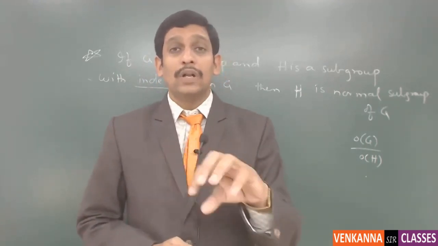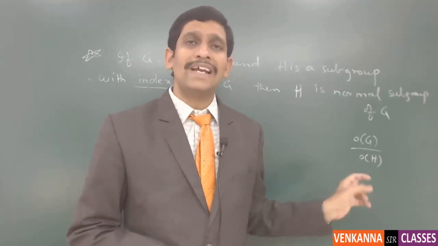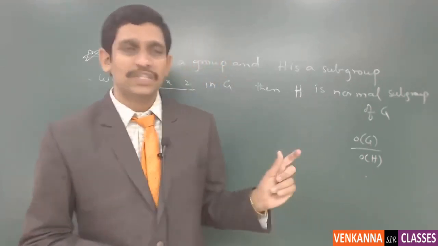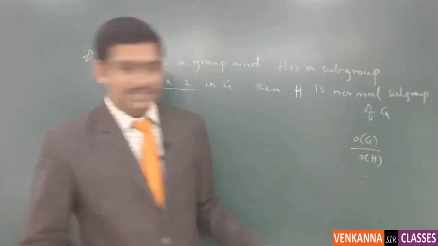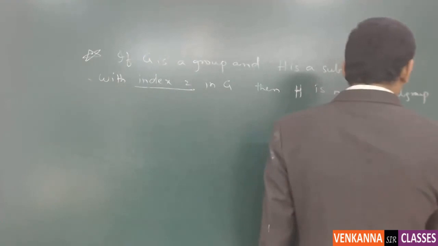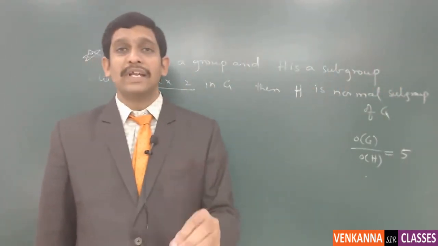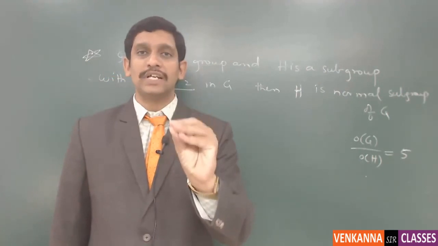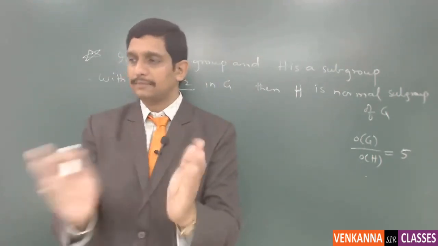The total number of distinct cosets you calculate, that we call the index. So we use the symbol order of G by order of H. If I say that order of G by order of H is equal to 5, it means that I will get 5 distinct cosets among all the cosets. The remaining are becoming equal.